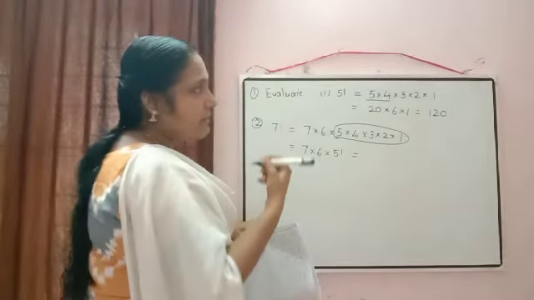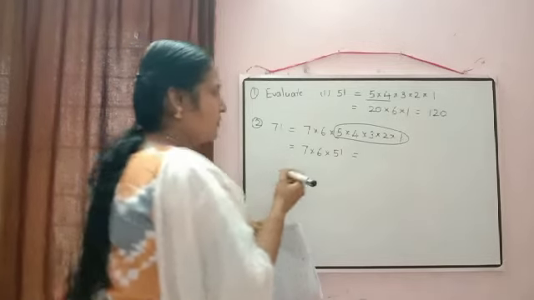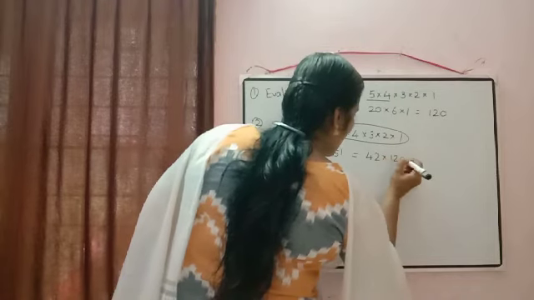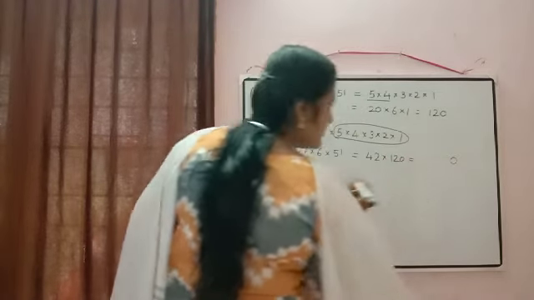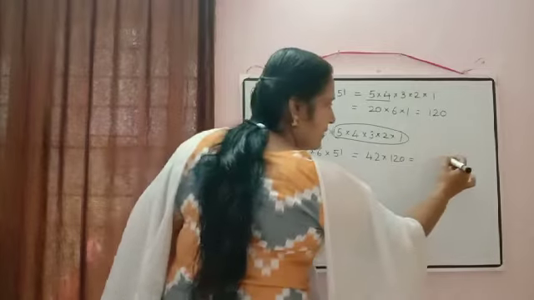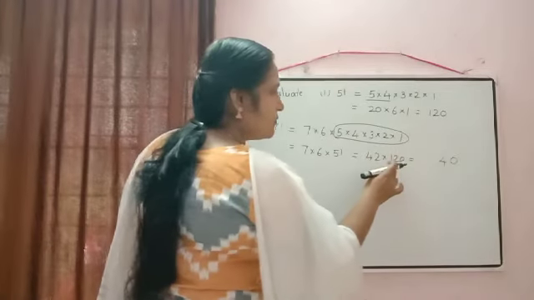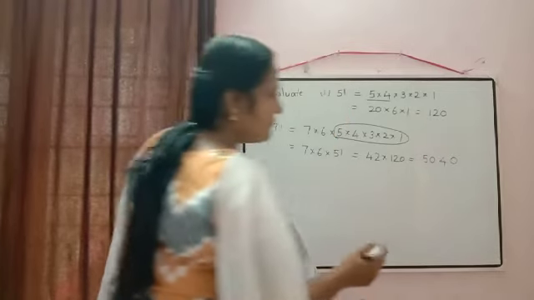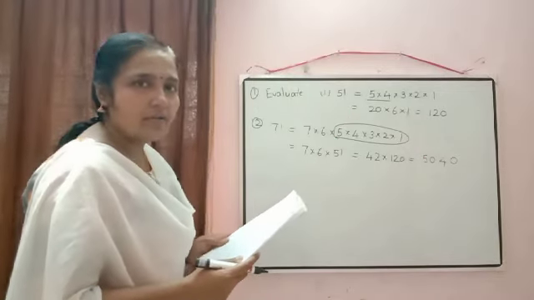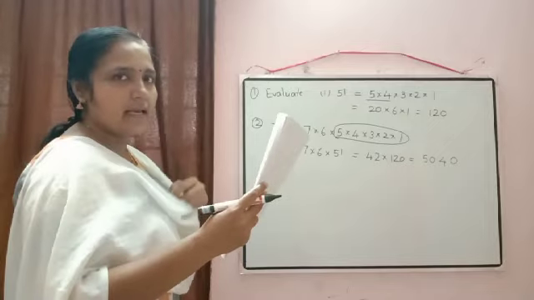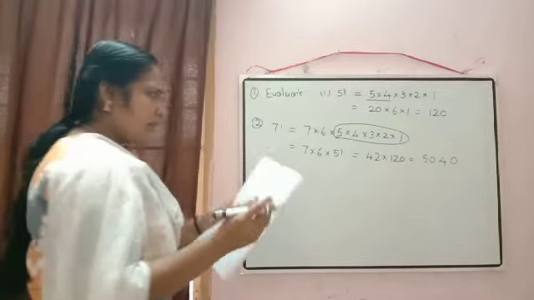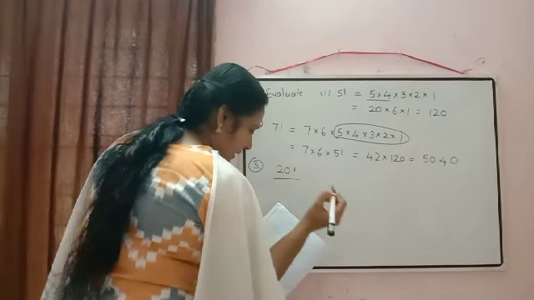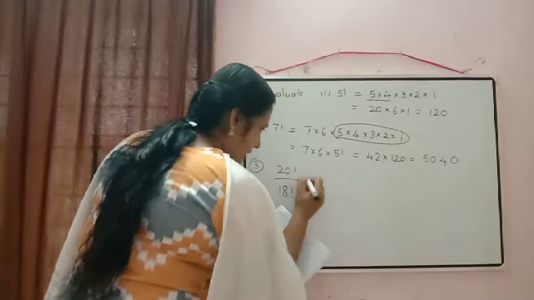What is the value of 5 factorial we wrote there? 120. And 7 into 6 we can multiply, so 42 into 120. Now do the multiplication, 0 will come. 12 2s are 24, carry over 2. 12 4s are 48 plus 2 will be equal to 50. So 7 factorial is equal to 5040. Clear?